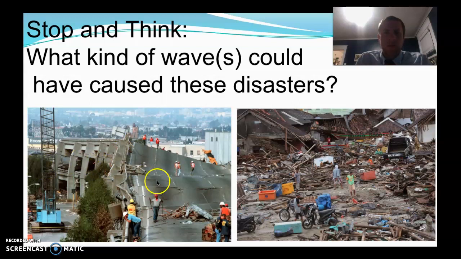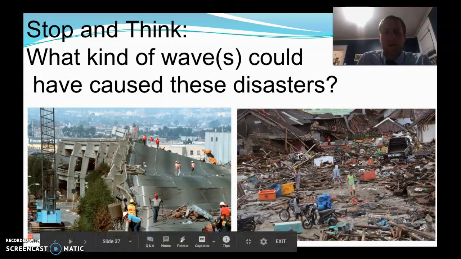Just to give you an explanation here, the picture on the left is not a picture of an earthquake, but a picture of the results of an earthquake. And on the right here is really the results of an earthquake as well, but an earthquake that caused a tsunami, which are caused by earthquakes when the earthquakes are out in the ocean next to a landmass.